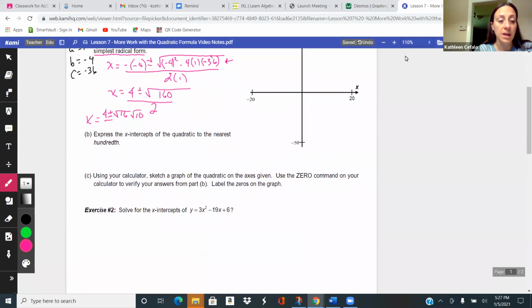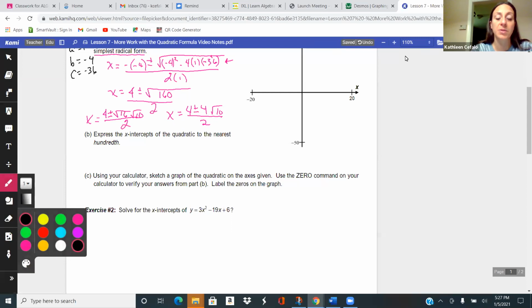Okay, and if I divide that by 2, now we're going to continue to simplify. So the square root of 16 is our perfect square, and that's 4. Okay, so that's going to get us 4 plus and minus 4 radical 10 all over 2. And now again, we need to simplify this down. 2 goes into 2 once, 2 goes into 4 twice, 2 goes into 4 twice.